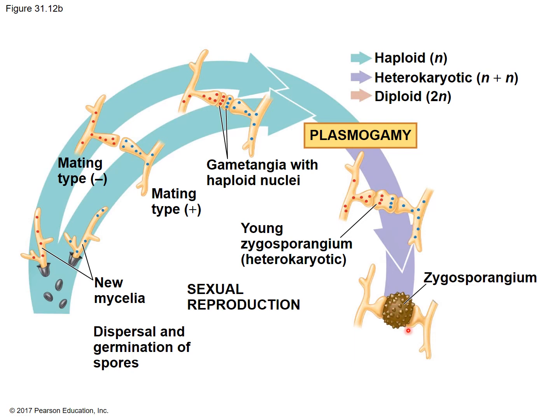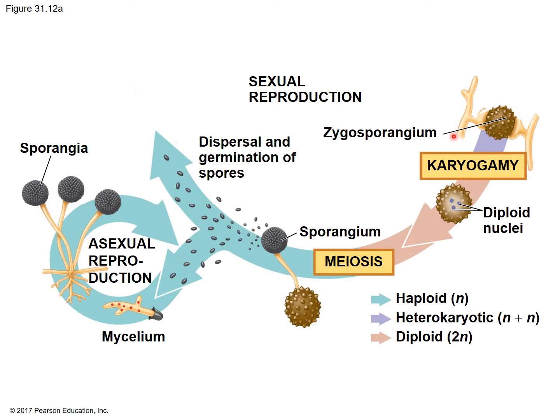The zygosporangium still exists in the heterokaryotic condition, but soon karyogamy happens. Karyogamy is when the nuclei fuse. These haploid nuclei fuse together, just as with the egg and sperm, and create diploid nuclei. You can see the diploid nuclei are now a different color. And we have the zygospore, which is going to be released eventually from the hyphae.